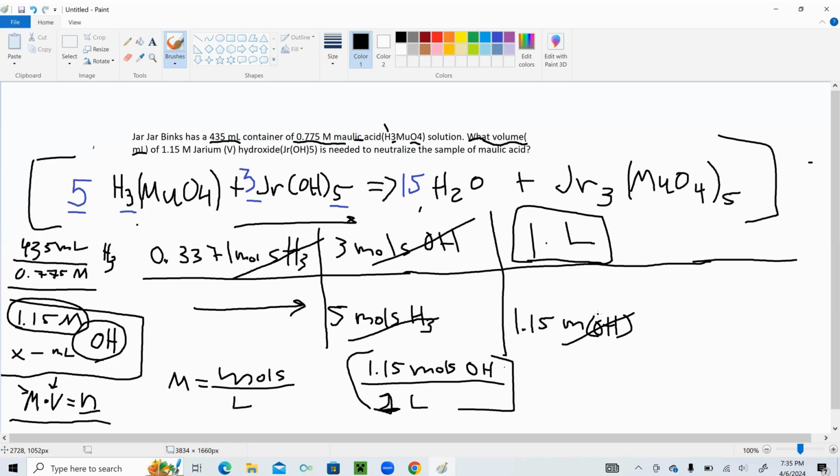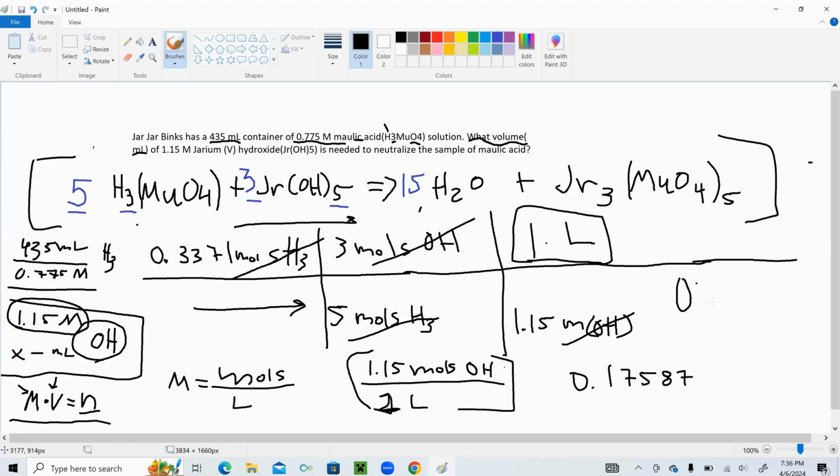So we're gonna do 0.3371 times 3. The bottom is 5 times 1.15. I got 1.0113 over 5.75. And I get 0.17587.